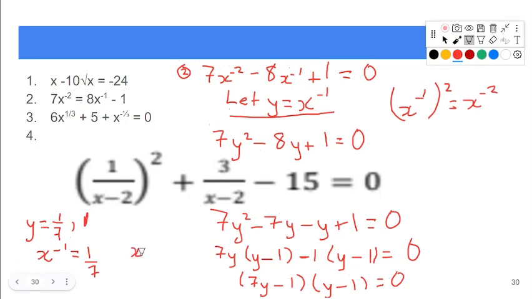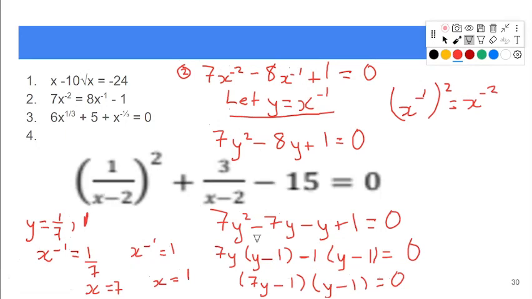And x to the power of -1 is equal to 1. So from here we know that x is equal to 7 and x is equal to 1. Any questions?